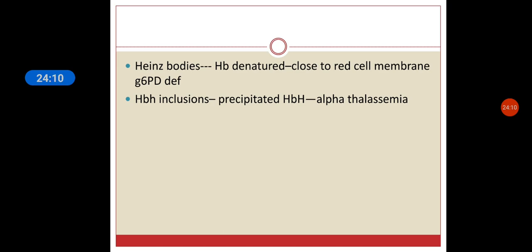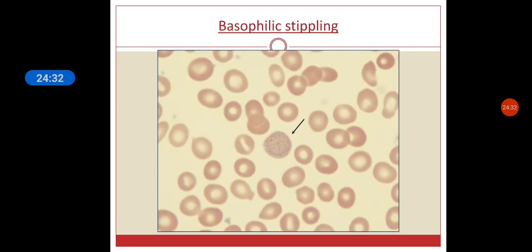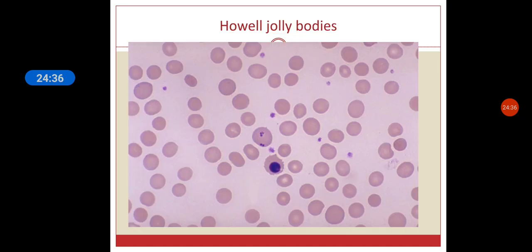If you remember, G6PD deficiency, close to the RBC membrane, you will find the granules, the inclusions. Then HbH inclusions are usually seen in alpha thalassemia. These are some inclusion bodies seen in the RBC. Basophilic stippling, as I told you earlier, seen in megaloblastic anemia. Then you have Howell-Jolly bodies.